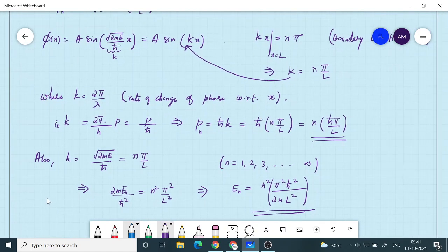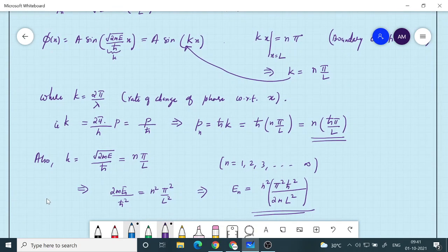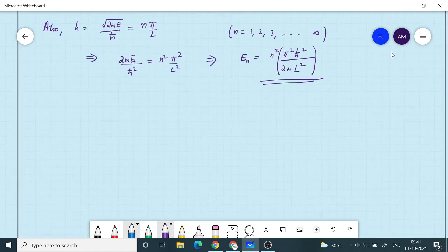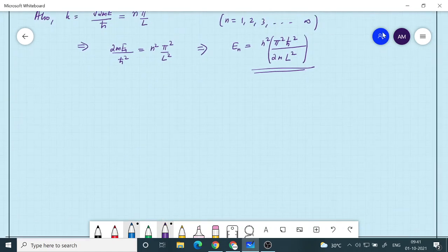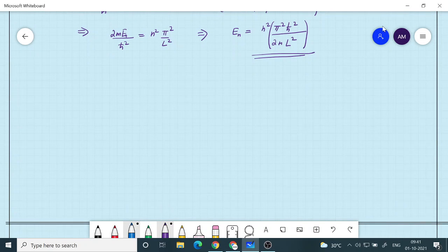Its wave function we have found out. What are the possible wave functions? If the electron's energy value is a particular value, then correspondingly there is a wave function. So let us take a well of some dimension, say L is equal to 5 Armstrong.